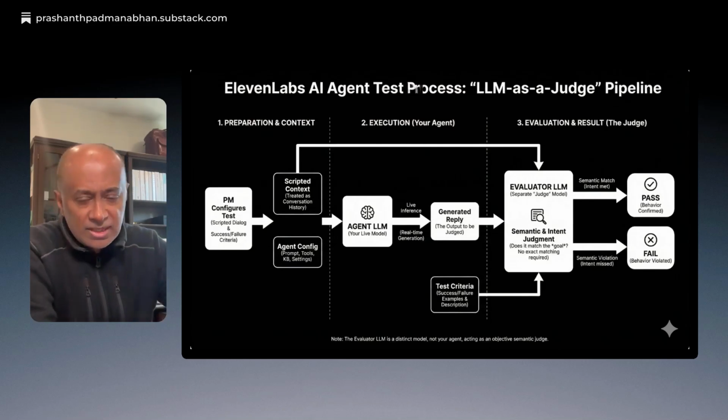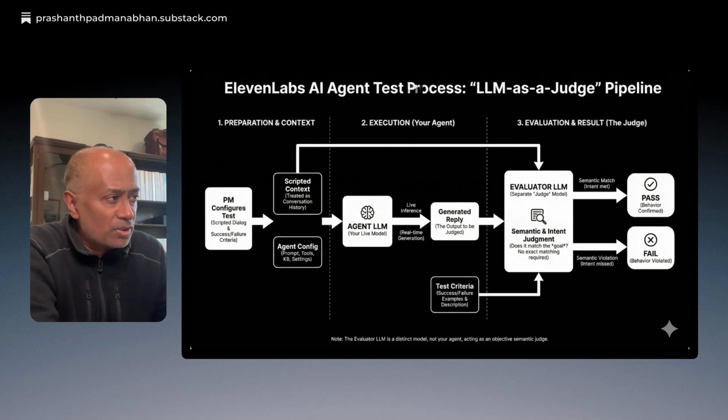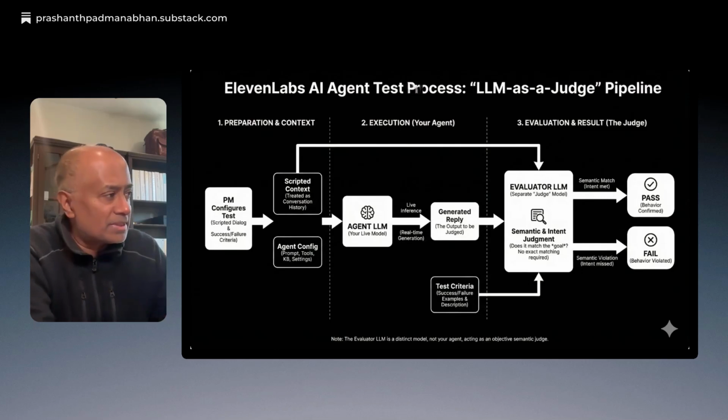And once the AI agent gave a response, it then gave that response to another evaluation agent, an evaluator LLM, which is a different LLM, and asked that LLM to judge this answer. So this is called the LLM as a judge process, and you'll hear this quite often. Your engineering colleagues and product colleagues will talk about this. And if it passed that evaluation, then that test will be considered a pass, and if not, it'll be considered a failure. So that is what happened behind the scenes.